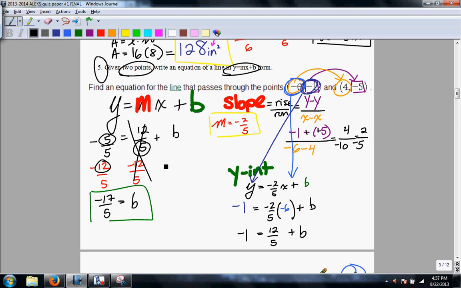So your final equation, I'm going to put it in this box right here, y equals mx plus b. Your equation that you'll plug in would be y equals negative 2/5 x minus 17/5. And that would be the answer you would put in to ALEKS.